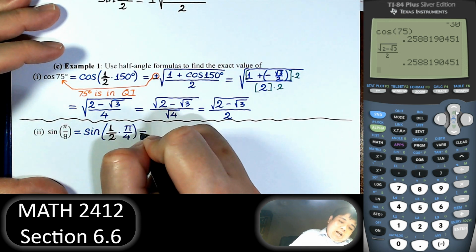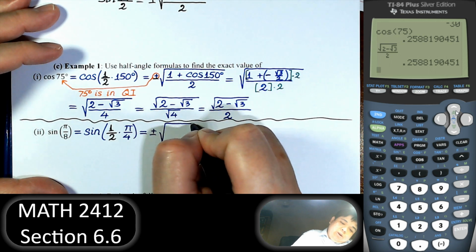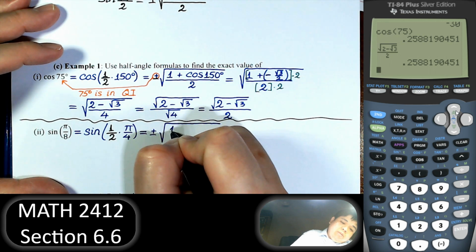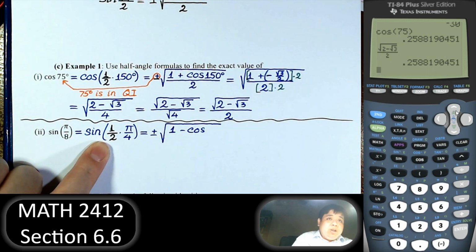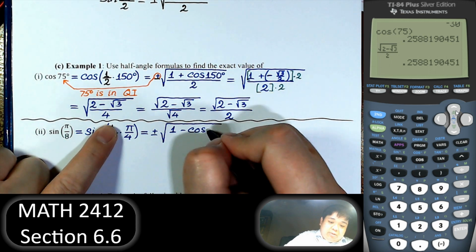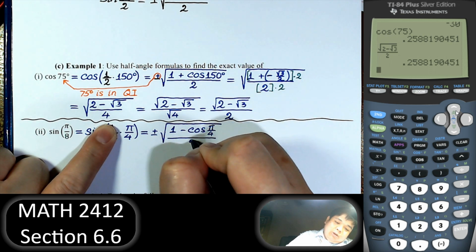Right, and then sine is plus or minus square root. It's just like the power reducing. This is going to be 1 minus cosine. Now since we have a half angle, cosine is of the whole angle over 2.